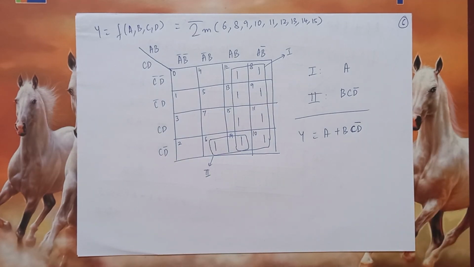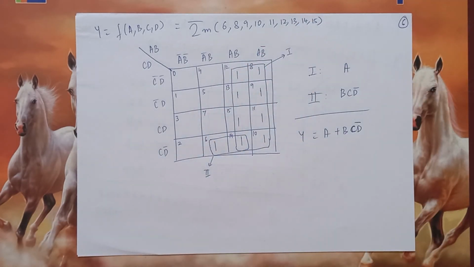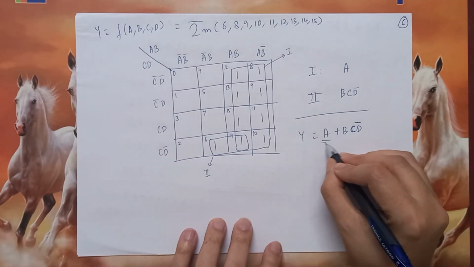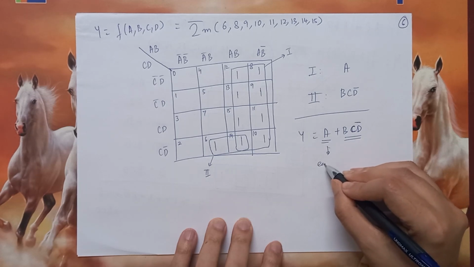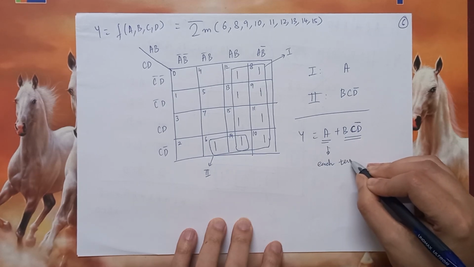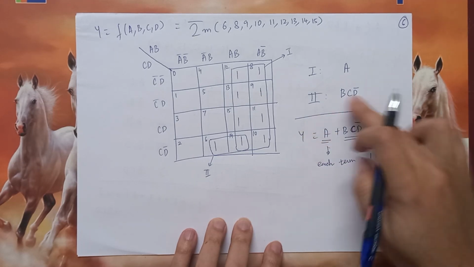Now if I ask you to implement this function using NAND gates, because ultimately as designers we have to have the simplified function in a form which can be implemented using NAND gates. What we know is that each product term corresponds to a NAND gate, and one more NAND to combine all of these.